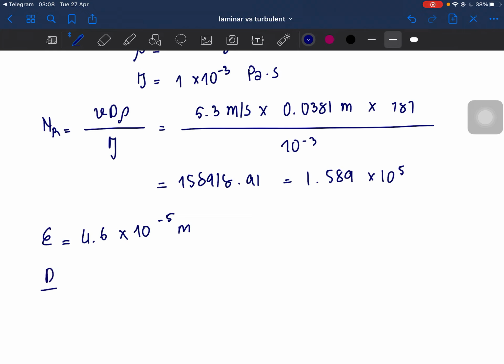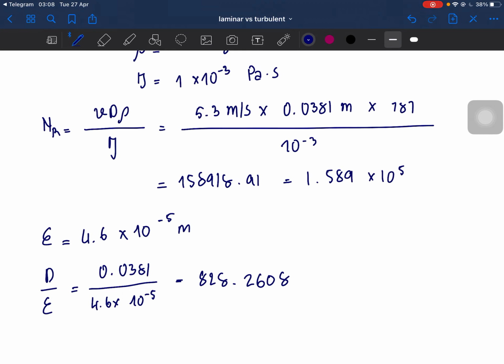So now we can find the relative roughness equal to 0.0381 over 4.6 times 10 to the power of minus 5, equal to 828.2608. Okay.